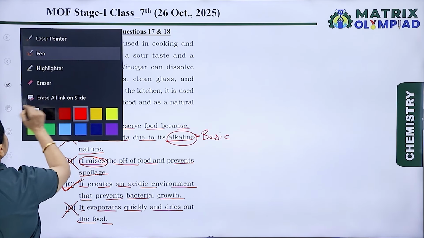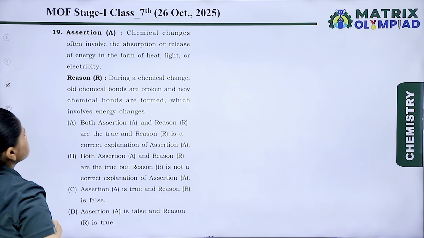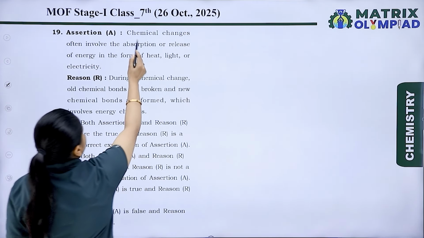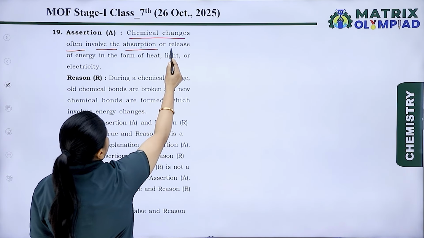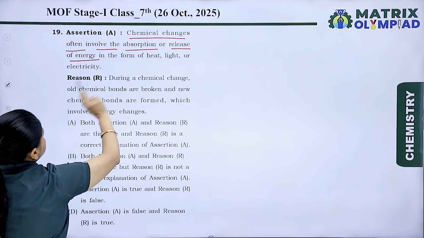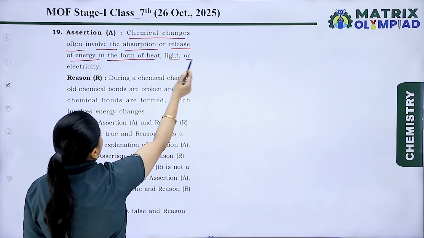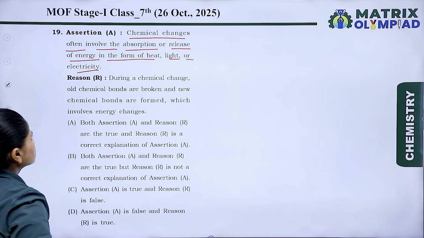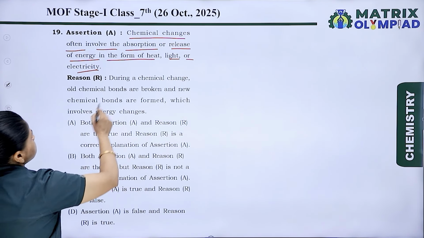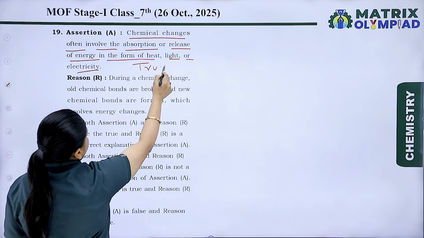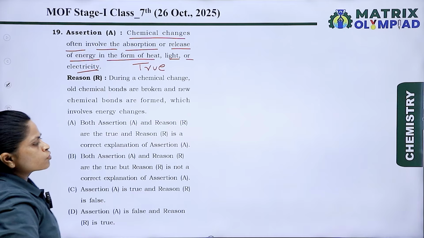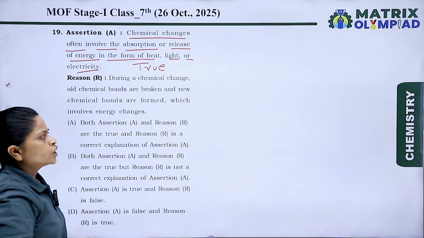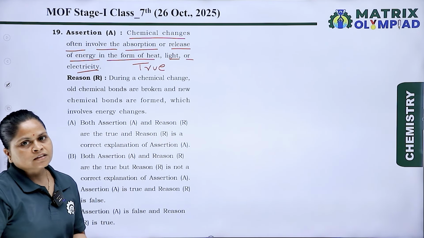Let's take the next question. This is assertion reason. Chemical changes often involve the absorption or release of energy in the form of heat, light and electricity. Yes, this is a true statement, as we know that chemical changes often involve absorption and release of heat to make or break the bonds.